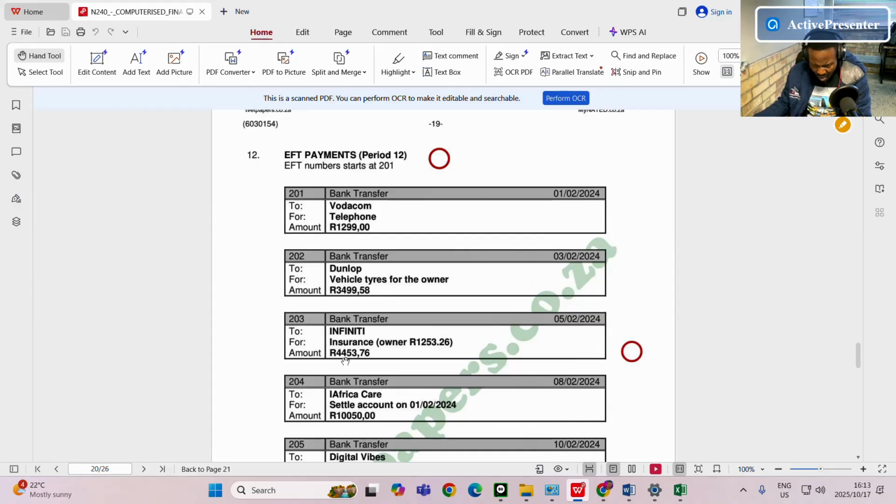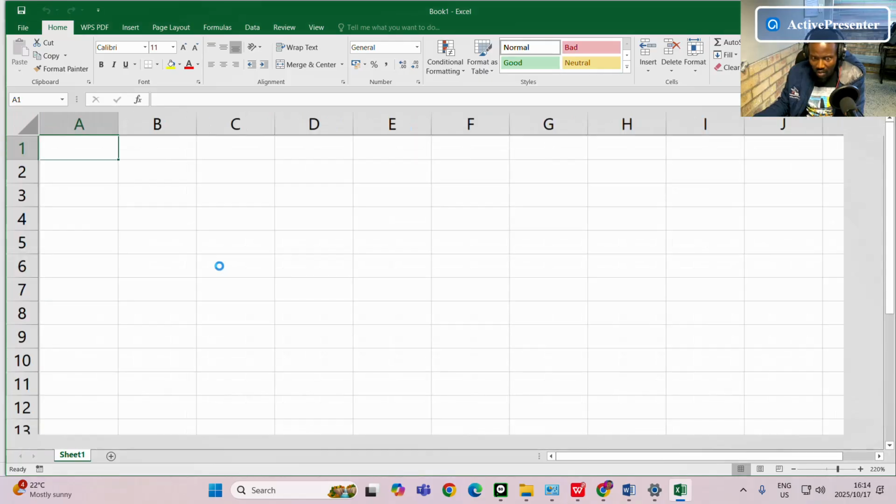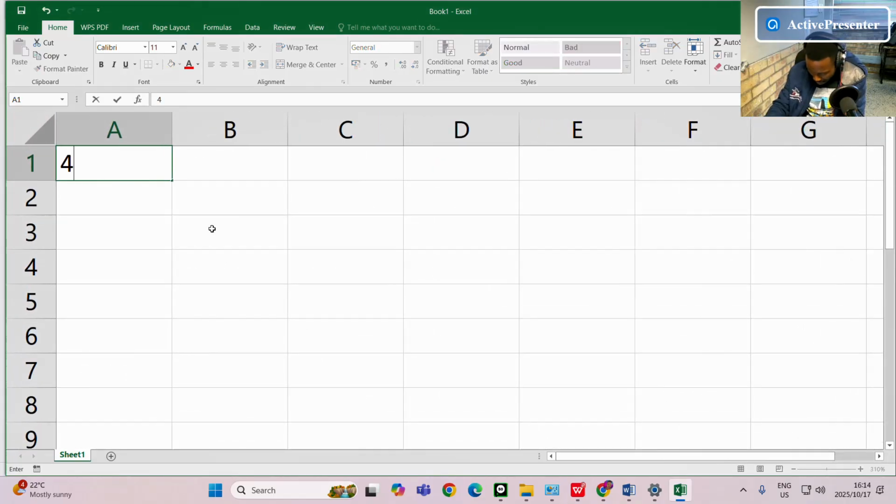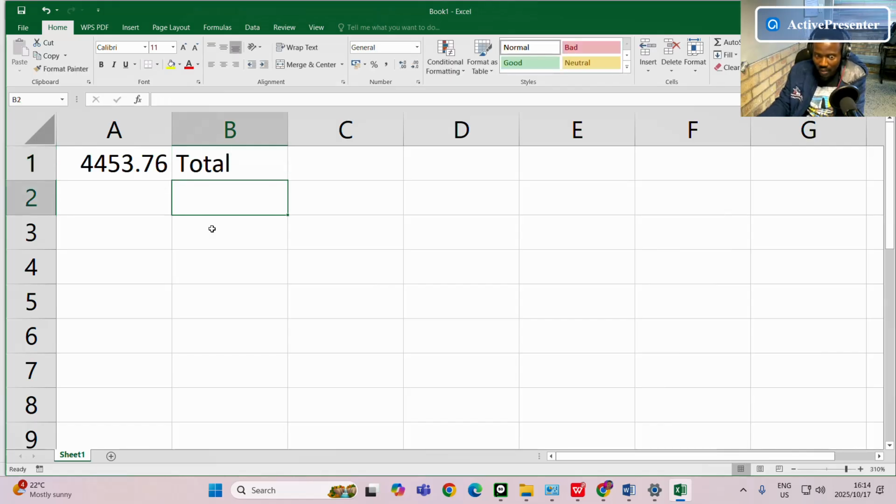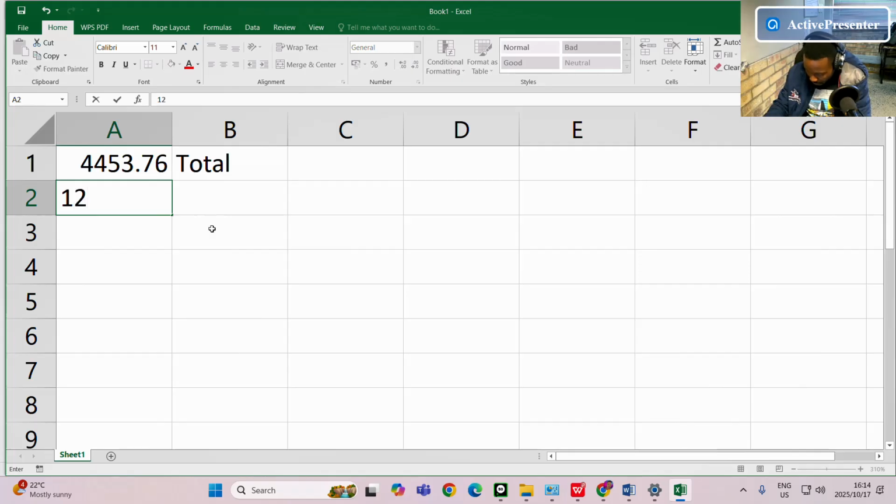The total is 4,453.76. So this is the total. And it says 1,253.26 is for the owner.